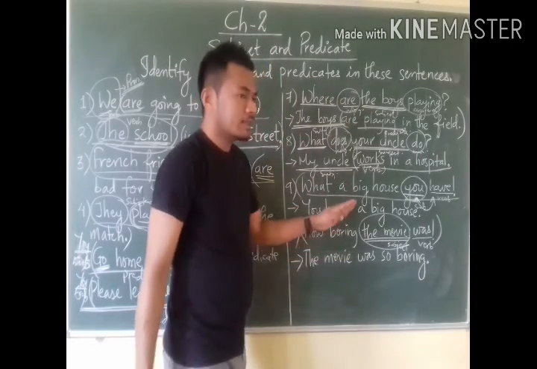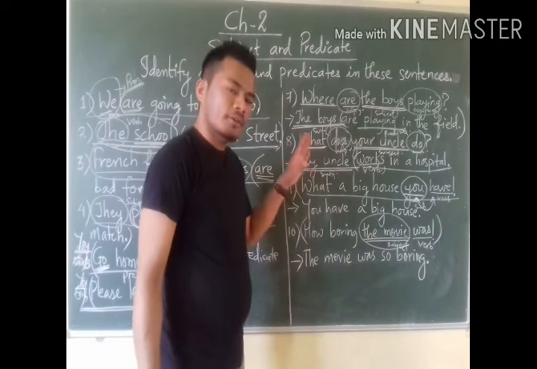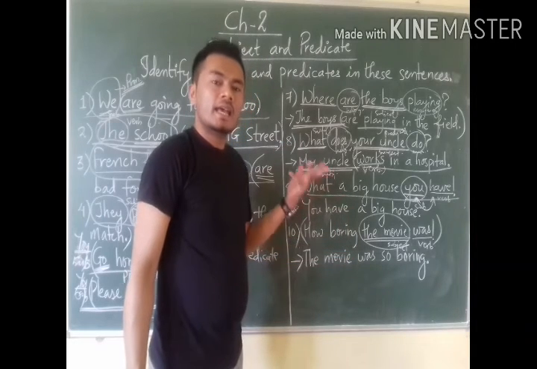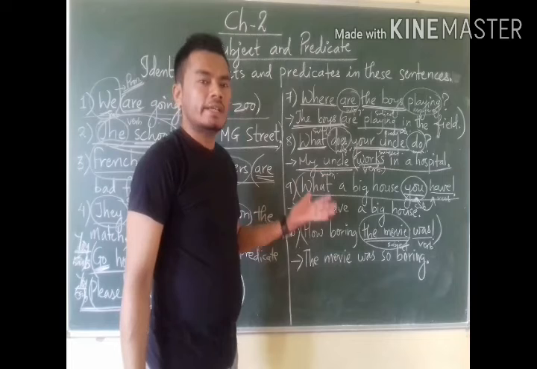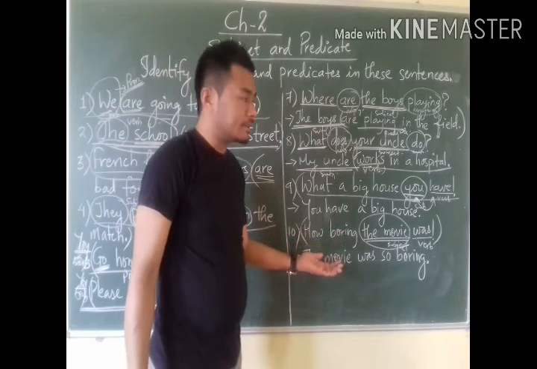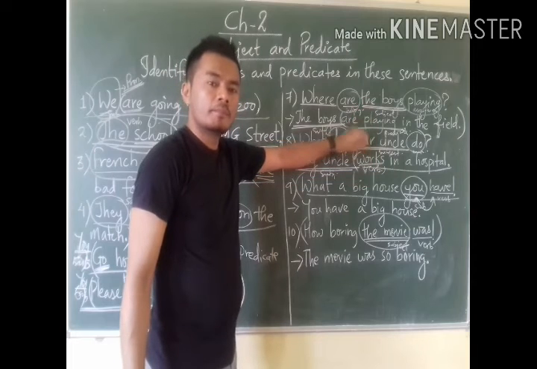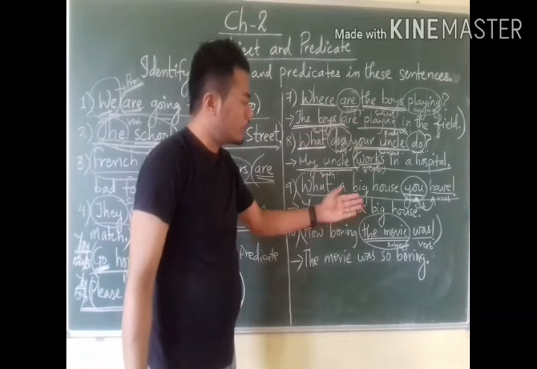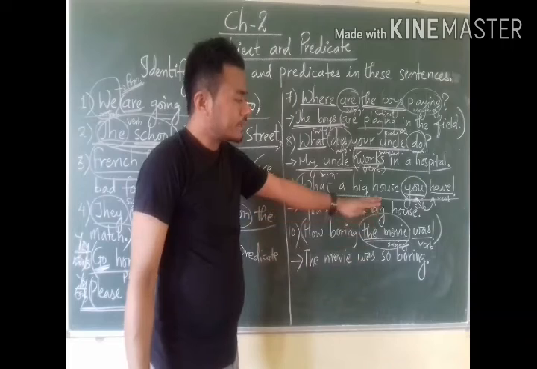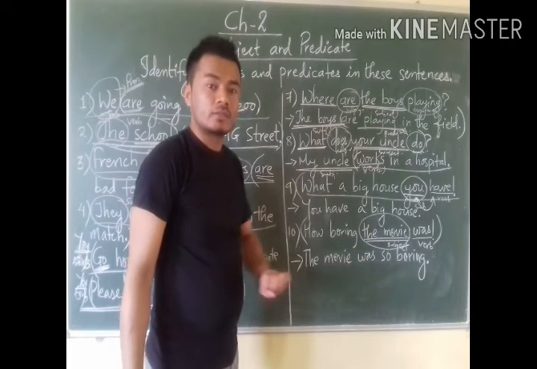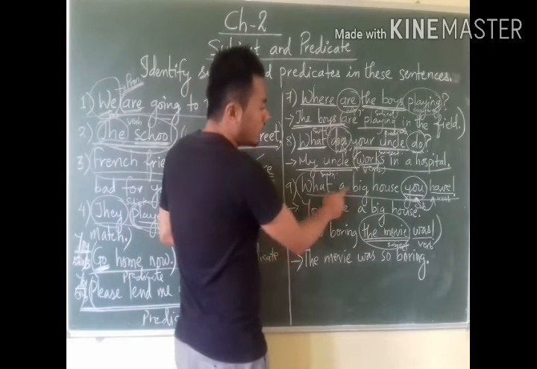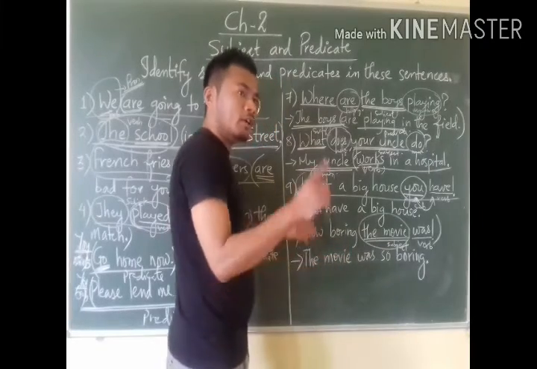Okay. Otherwise, if you are finding it difficult to identify the subject in exclamatory sentences, we can follow the same process that we followed in interrogative sentences, that is, we can change these exclamatory sentences into assertive sentences. Like, what a big house you have.